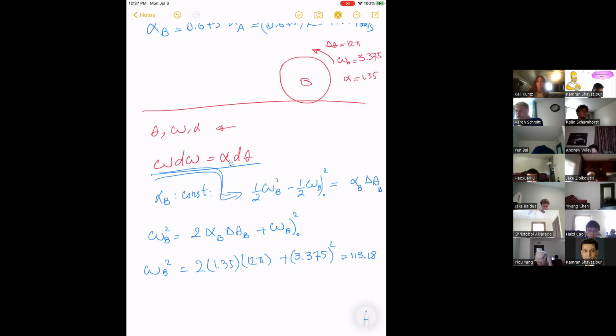And then omega B is going to be the square root of that, which is 10.639 radian per second. So that is how you do it.